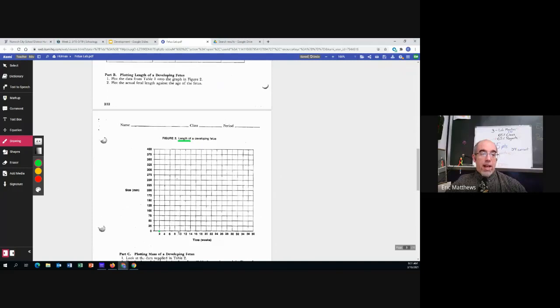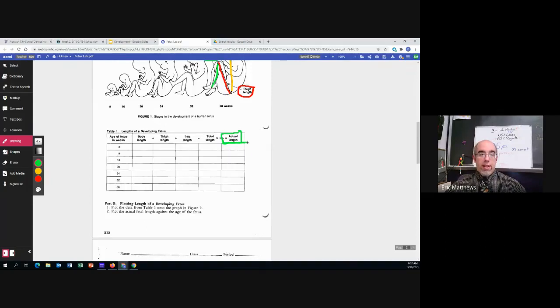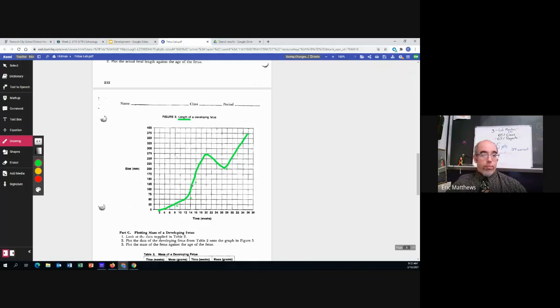Now, that last one was at 9 weeks, and we had it up around the neighborhood of 23, so not quite to 25. And then let's say that it went up a little more and up a little more and up a lot and then down a little bit and then up again. Then we connect our line through it once again. It doesn't need to be perfect, but you're going to plot these values here on this graph.